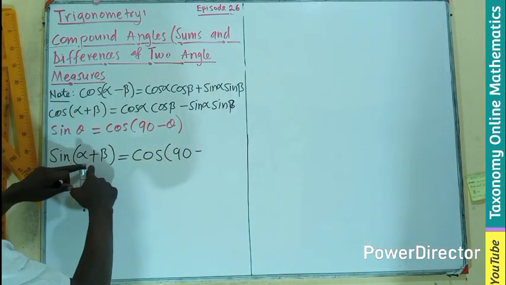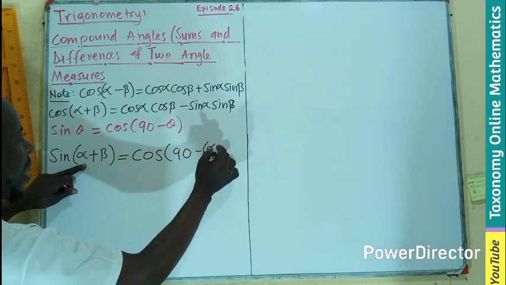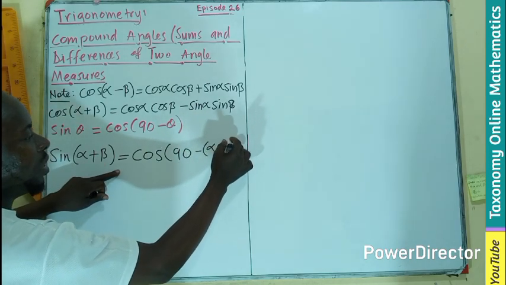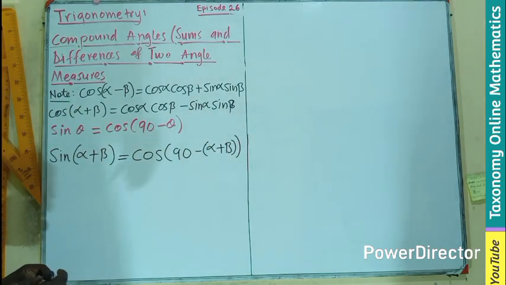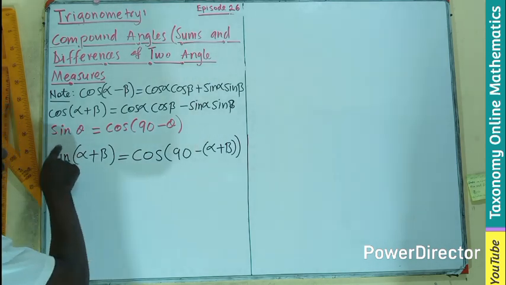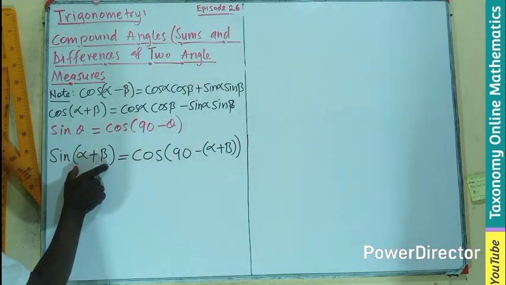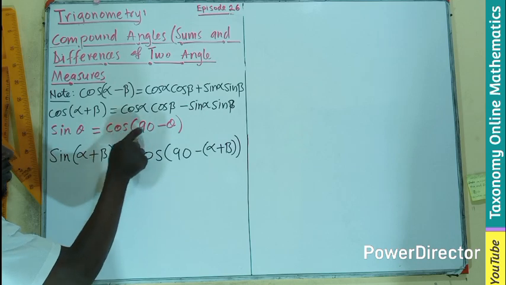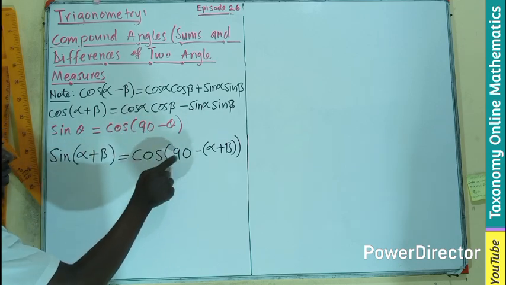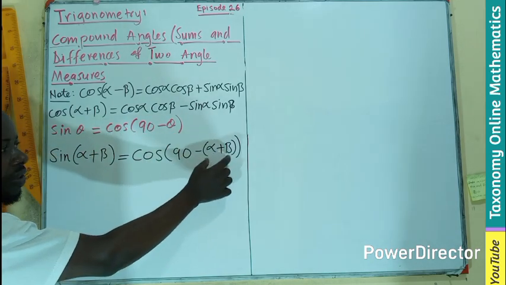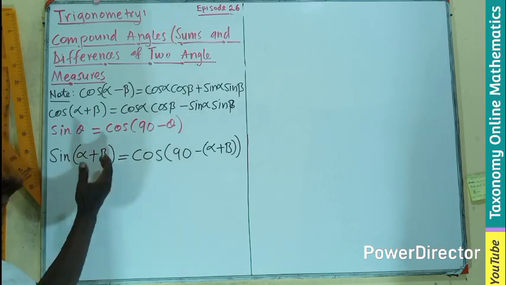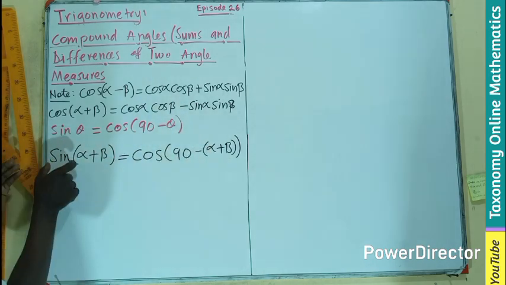So that angle we have is alpha plus beta. Would that be clear? Sine of an angle, so all of this is theta, equals cos of 90 minus theta. So theta is the angle we have here, and we are still solving everything to be equal to this.